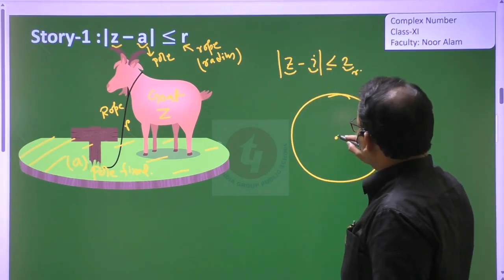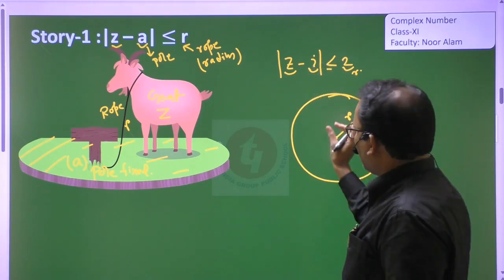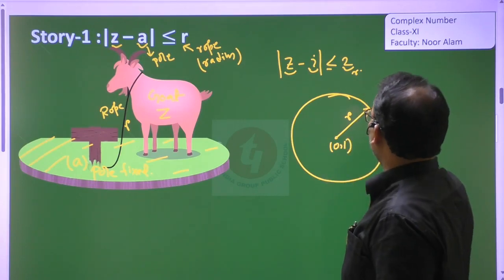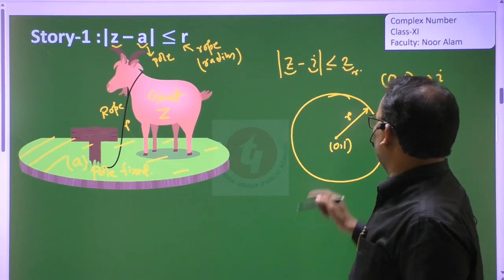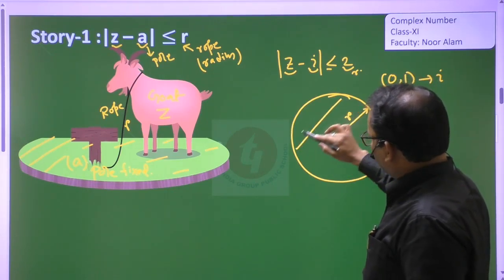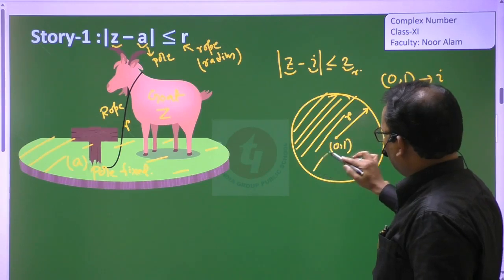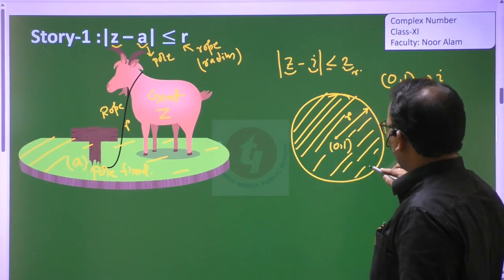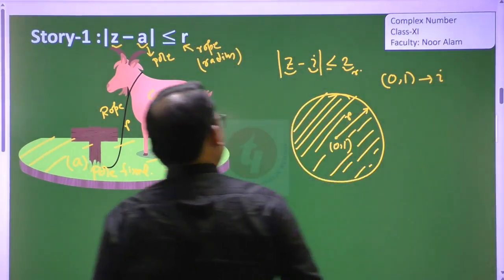So we have radius 2 units, and the center of the circle is i. i is the imaginary number, so (0, 1) is the center. Now this whole portion is the locus of the point z. So this equation actually represents these things.